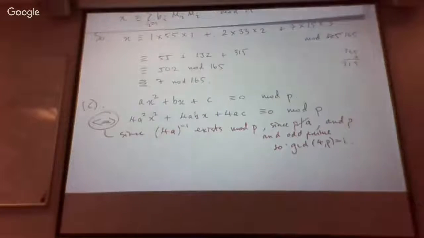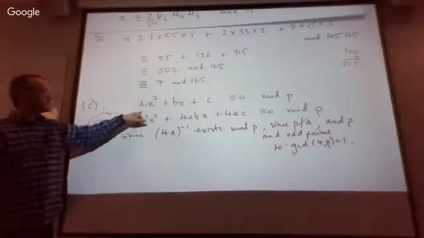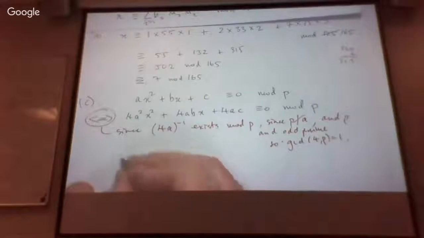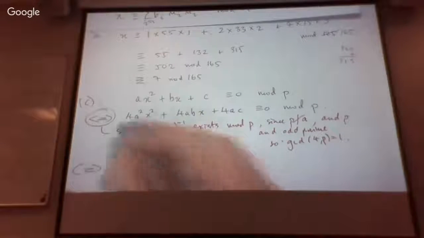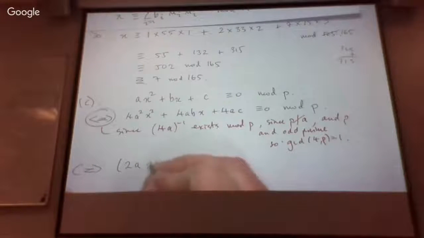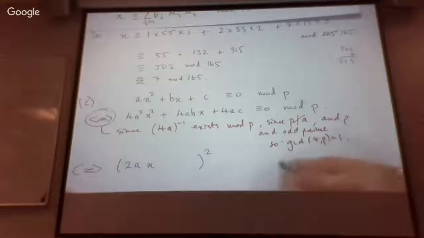Okay. So the second one is logically equivalent to the first, and now you can see that this is obviously a square. It's the square of 2ax. So we can use that to rewrite symbolically the polynomial here. So this is going to be the square of 2ax plus something, and probably plus a correction, congruent to 0 modulo p.